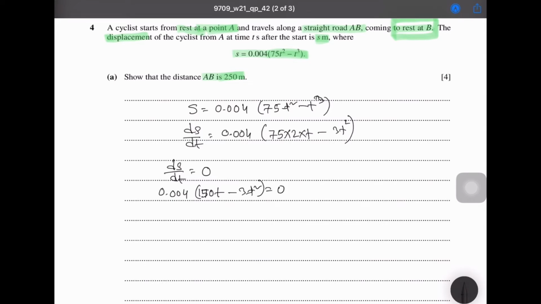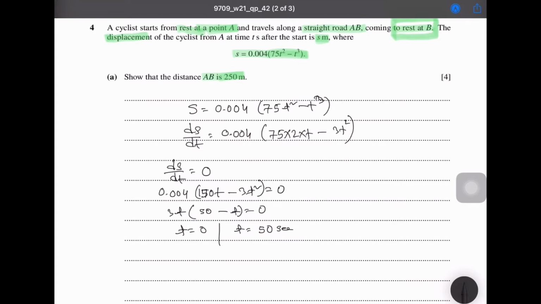So this cannot be 0, so let me cancel, and 3t is common, so we can find 50 minus t equals 0. t can be 0 or t can be 50. At rest time is 50 seconds.